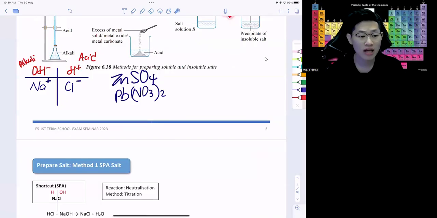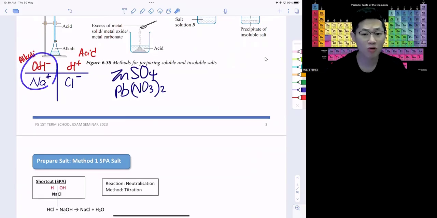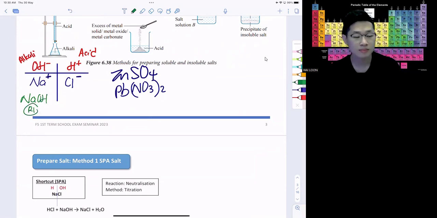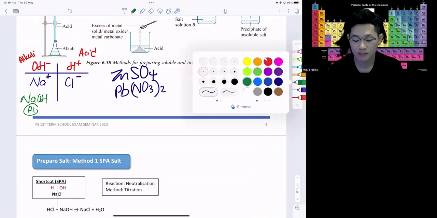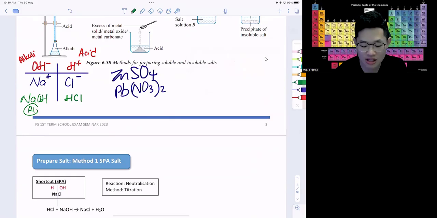So all I have to do next is just pair the ions up together. Left side pair with the left side. Na plus and OH minus, we get NaOH. So this is my reactant 1. And then H plus and Cl minus, I get HCl.